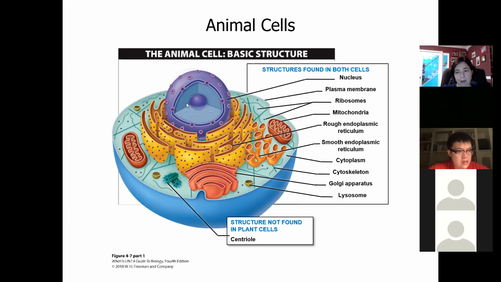The central piece is the nucleus, right? So this is the nucleus. And inside the nucleus, there's genetic material, right? Genetic material is the most precious part of the cell because it's in charge of cell structure and function. So it has an additional security level, which is a double membrane. This is the nuclear membrane, right?